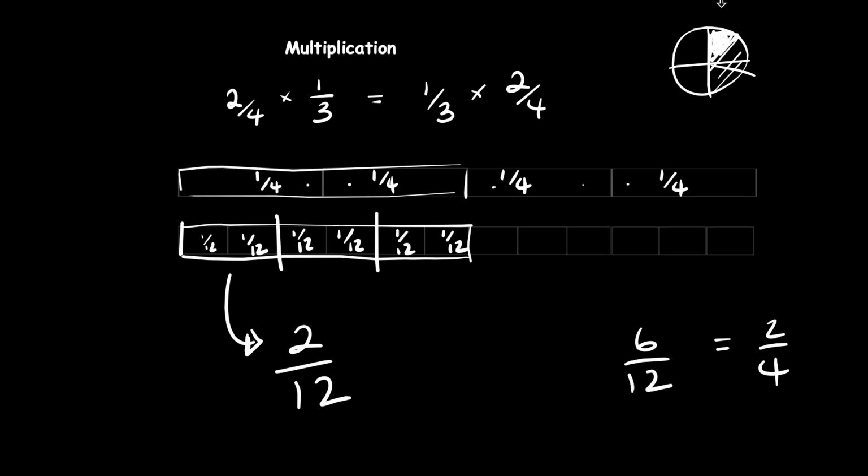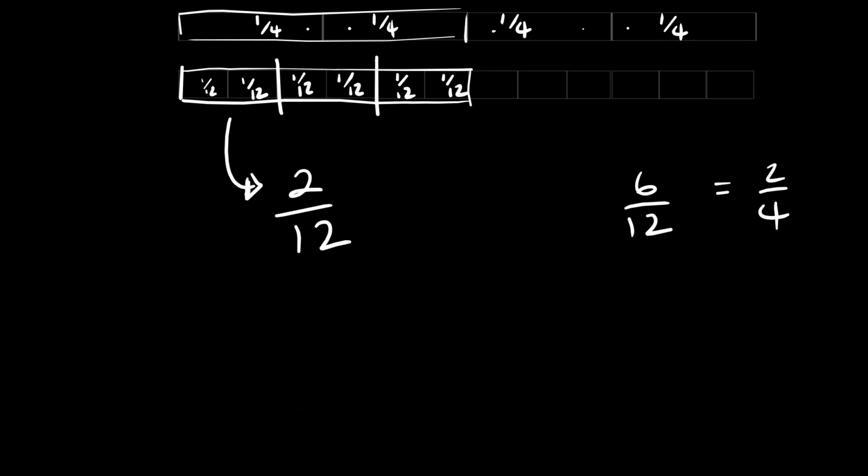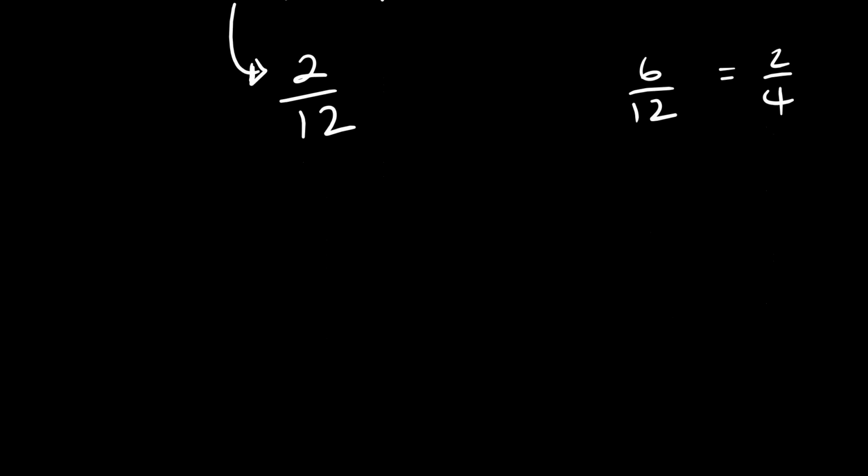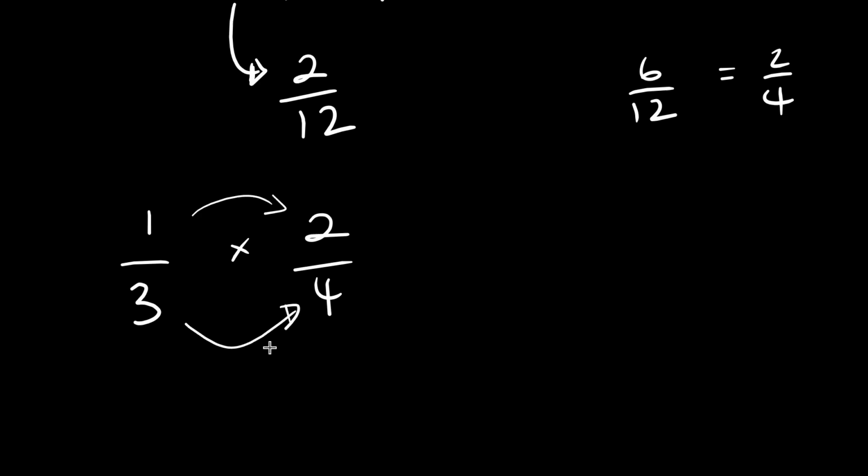But more importantly, let me see whether I can get this done. We can understand the math of it, because a third times 2 over 4, let me write it down. A third times 2 over 4. The way that we do this is that whenever we're multiplying fractions, we're literally multiplying numerator by numerator and denominator by denominator.